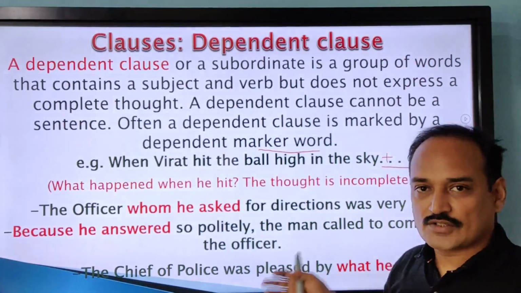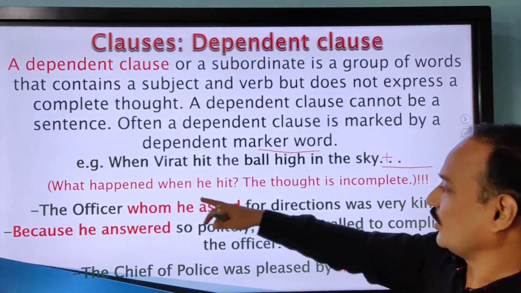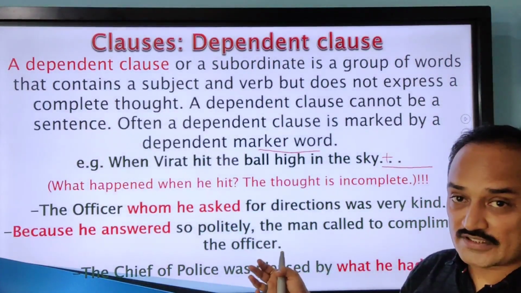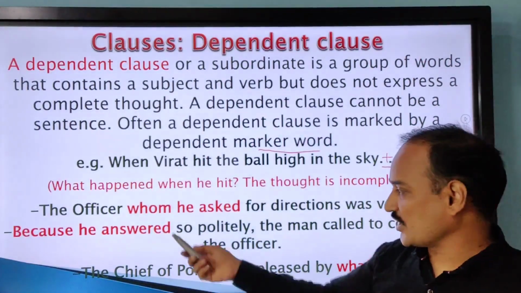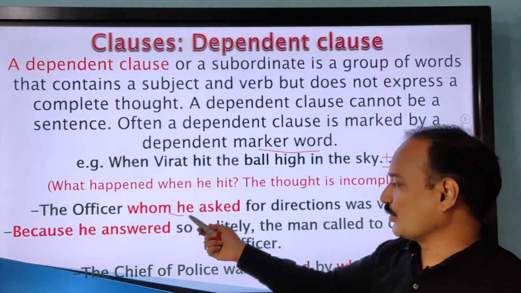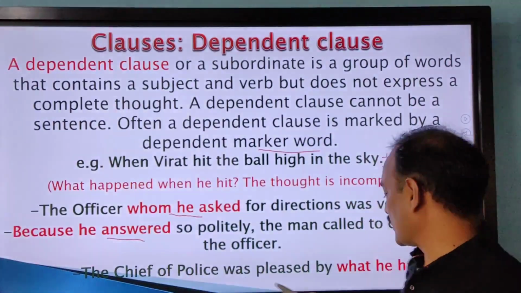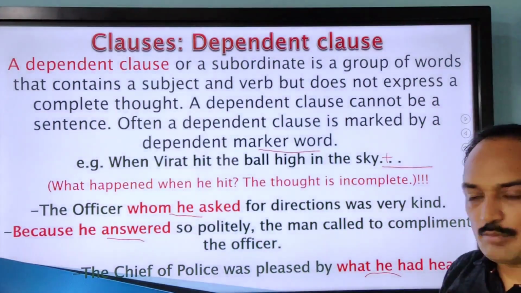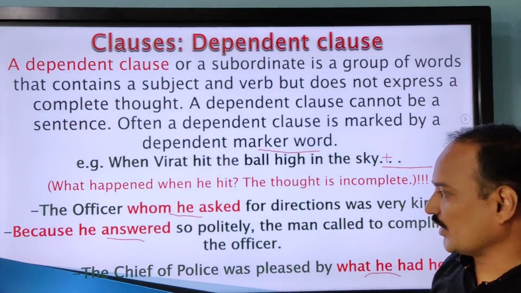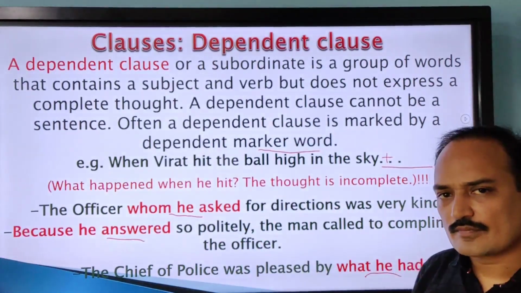No doubt he is Virat. So it has to go out of the boundary. So then the sentence will get clear. The meaning will get clear. Suppose you check these examples, particularly these lines which are in red color, you won't get any meaning if you read those only. For example, whom he asked?